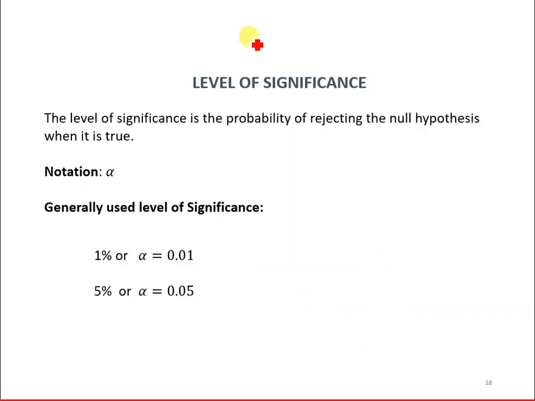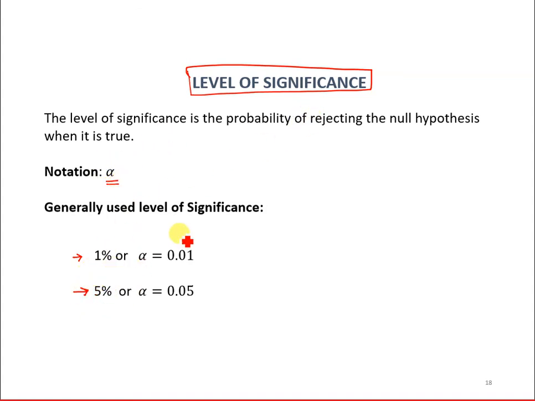Now, the next term that we use here is the level of significance. How do we define the level of significance? It's the amount of tolerance of error. Generally we say that the maximum error that is tolerable in any system is either 1% or 5%. We represent the level of significance by alpha.